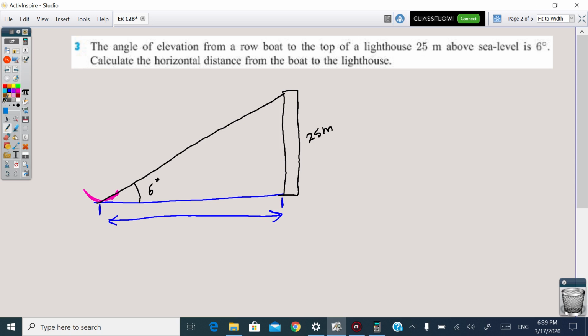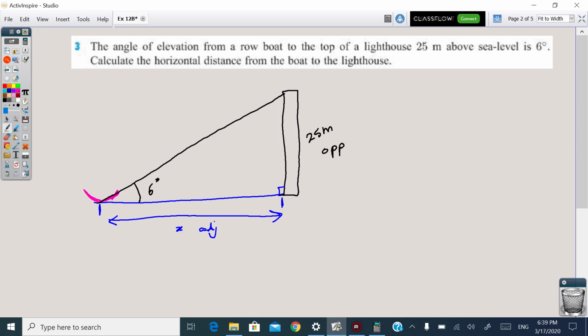Now, as far as the 6 is concerned, the 25 meters, the height of the lighthouse, is the opposite, and the distance that we are required to find, let's call it x, is the adjacent, because the lighthouse is a structure that is vertical to the ground.